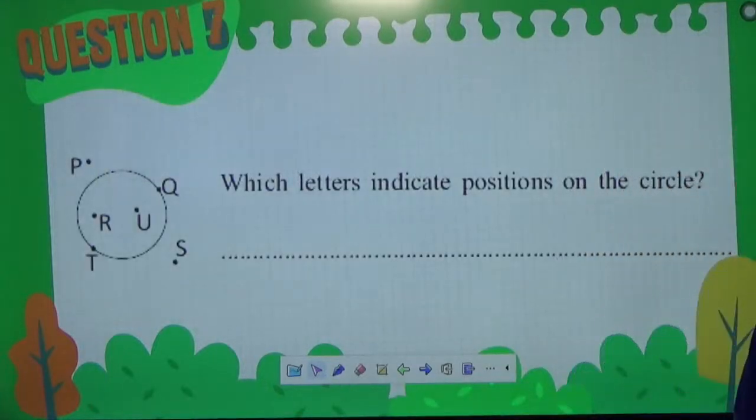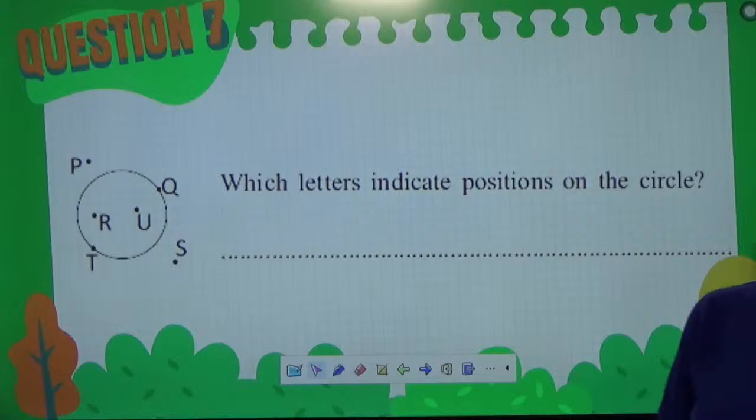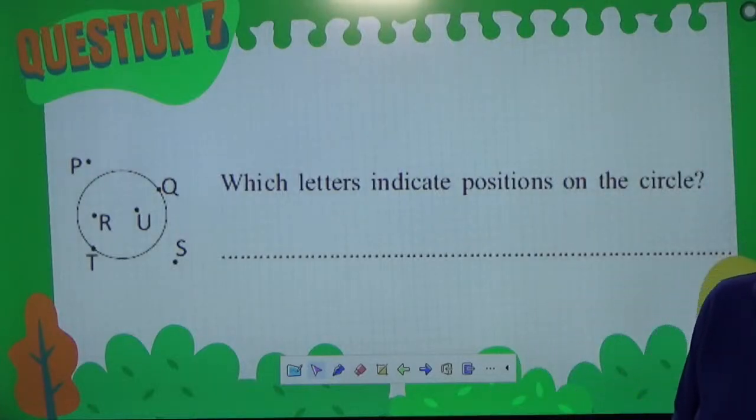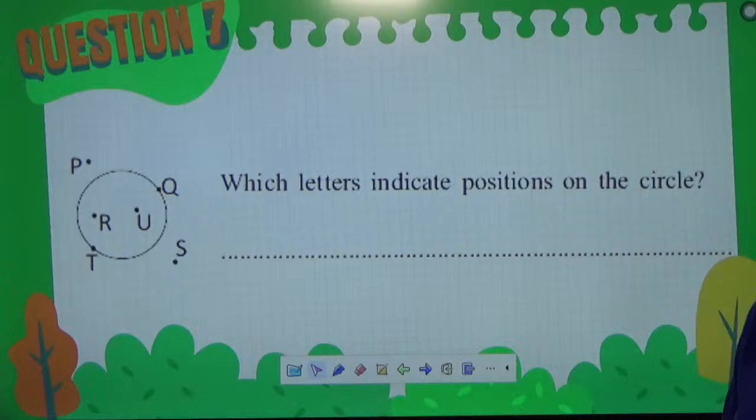This is the last question you have to answer. Which letters indicate positions on the circle? Q and T. Yes, Q and T are on the circle.